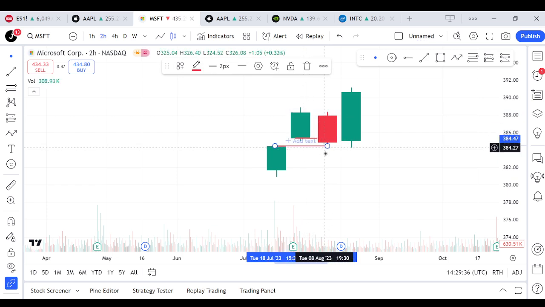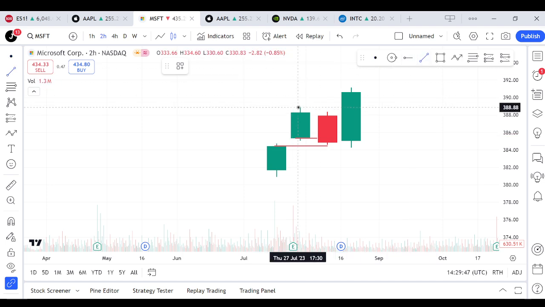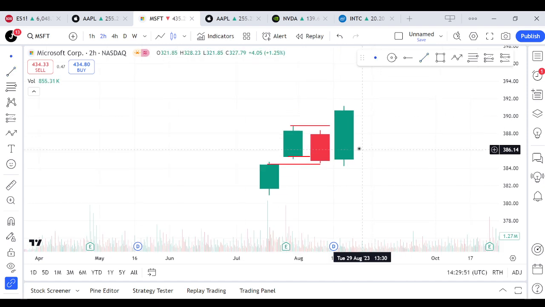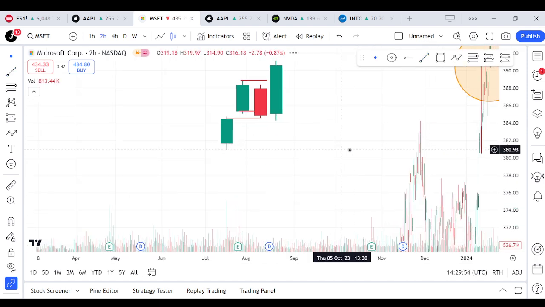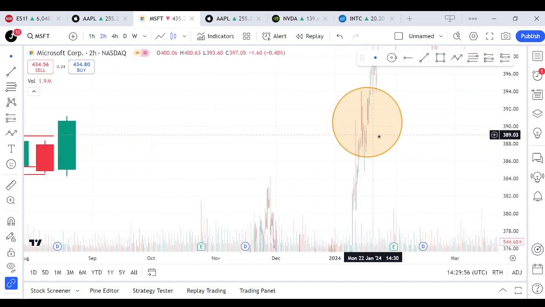It shouldn't fill it completely, it should just fill it partially. And after that, we should expect bullish candles closing above the high of the upside Tasuki gap pattern. So let's quickly look at the charts. Let's look at one or two examples.